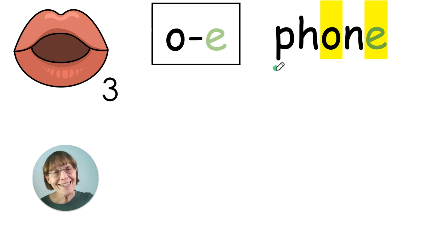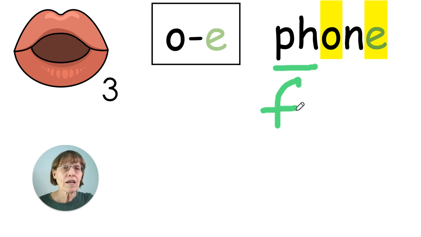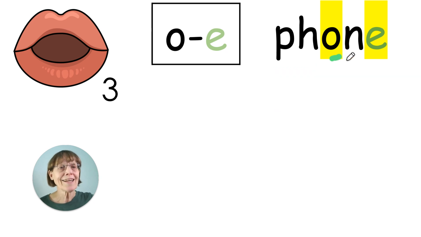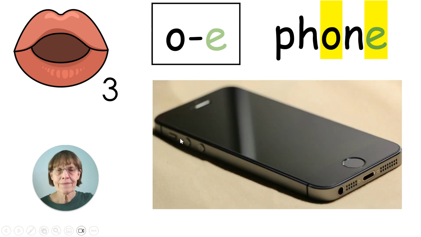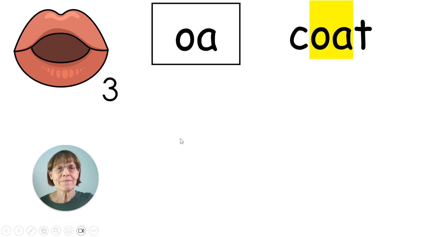So, PH in English makes that F sound. Then we have our O and our N, phone. Please read. Coat, coat.